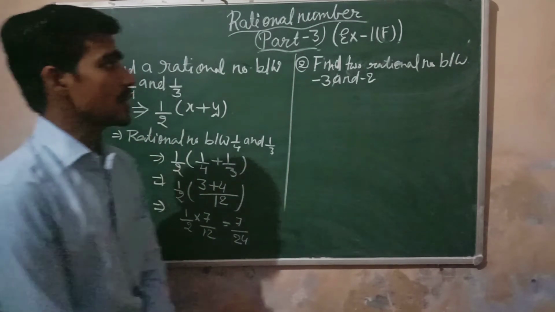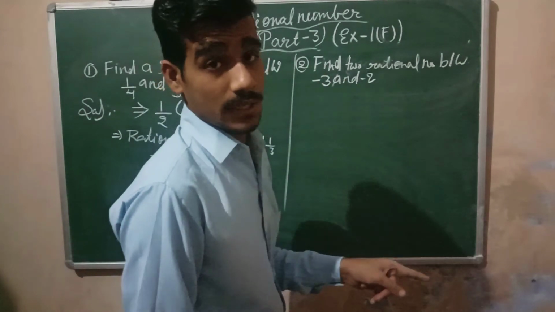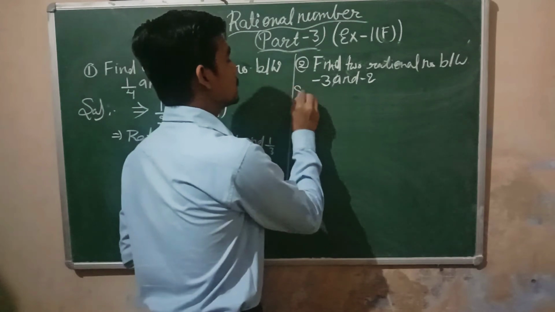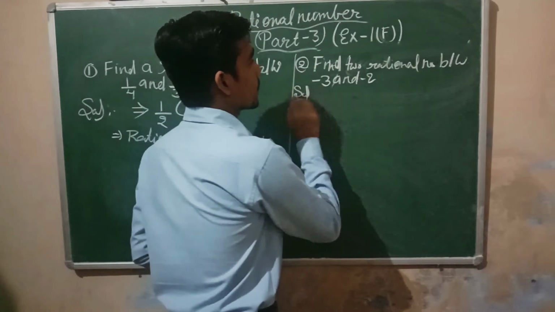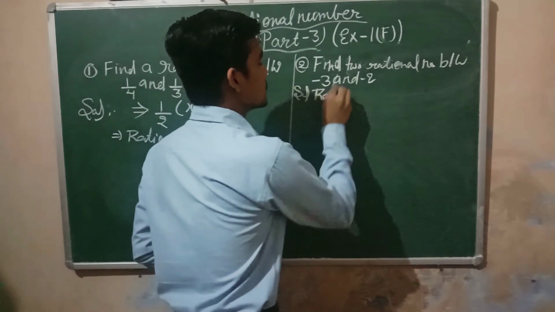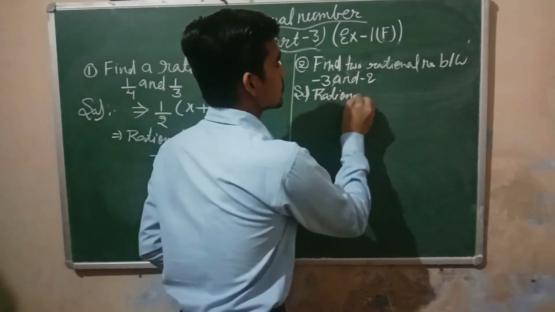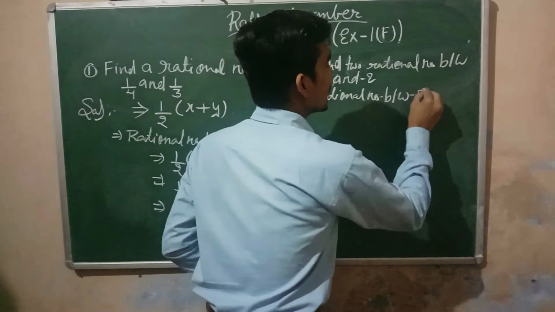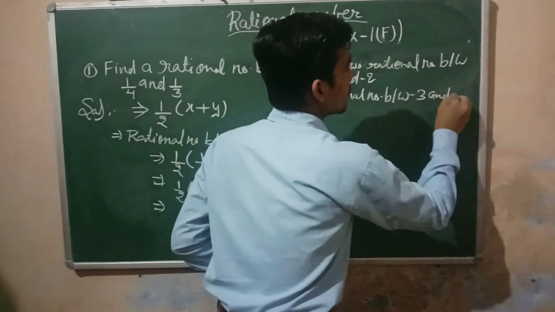See question number second. Find two rational numbers. Okay, here two rational numbers. That's why you will write here a rational number between -3 and -2.